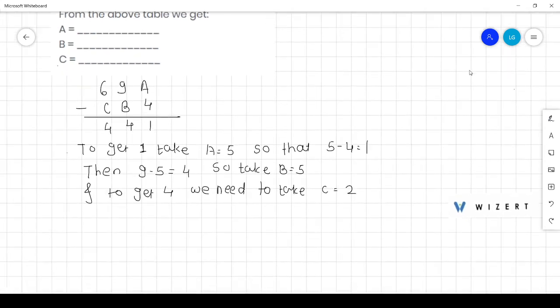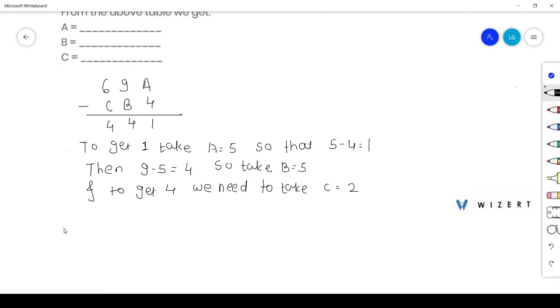Hence, the subtraction will be like 695 minus 254 is 441. Hence, A is 5, B is 5, C is 2.